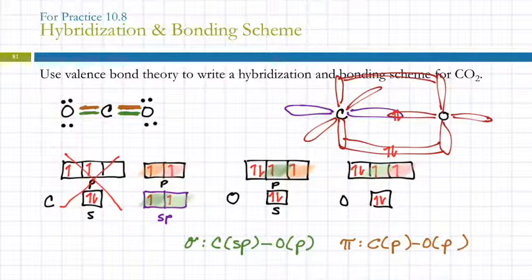And then we have an oxygen on the other side. The oxygen on the other side has a p orbital that can overlap end to end like that. And so that's going to form a sigma bond. So this sigma bond, carbon sp hybrid orbital with oxygen's p orbital, describes this bond and this bond because they are the same sorts of bonds.